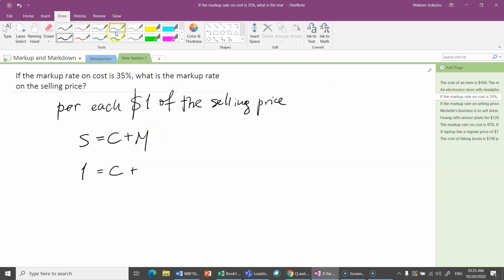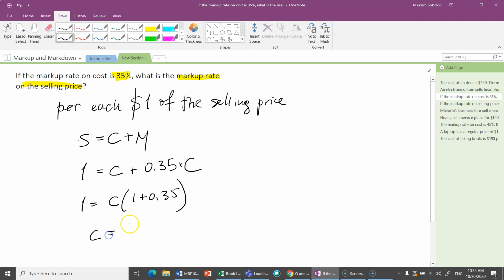So what are we having about markup here? We have markup rate on the selling price is unknown, but we have markup rate on cost is 35%. That's exactly what we'll write here. We'll find 35% of cost times C. In other words, $1 is cost factored out, 1 plus 0.35.